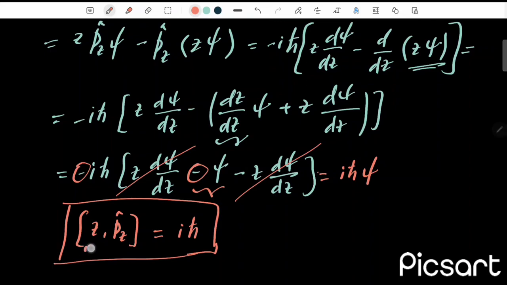For example, we know from the uncertainty principle, or the Heisenberg principle, that we don't have how to measure at the same time the position and the momentum of a particle in quantum mechanics. This means that the operator of position and the operator of momentum don't commute between them, as we can see here.